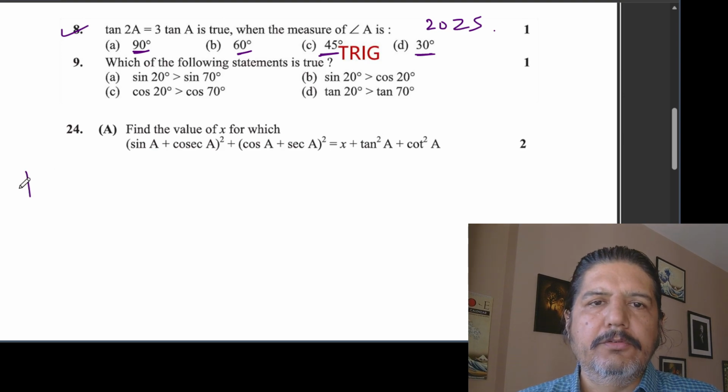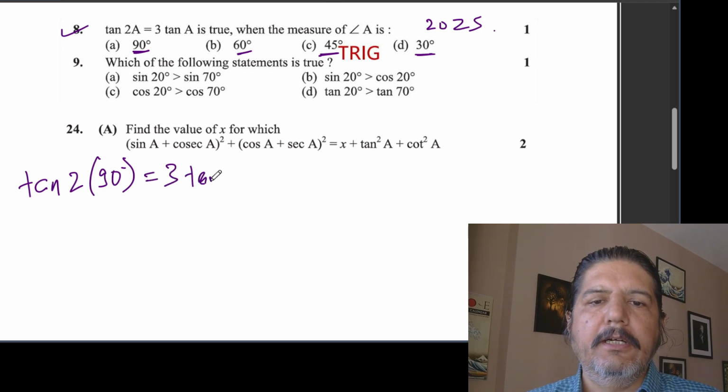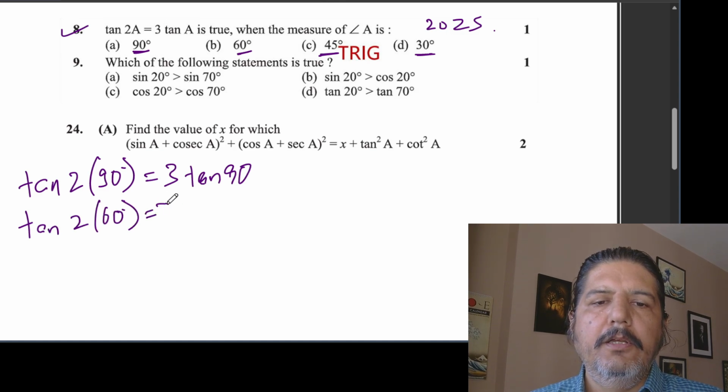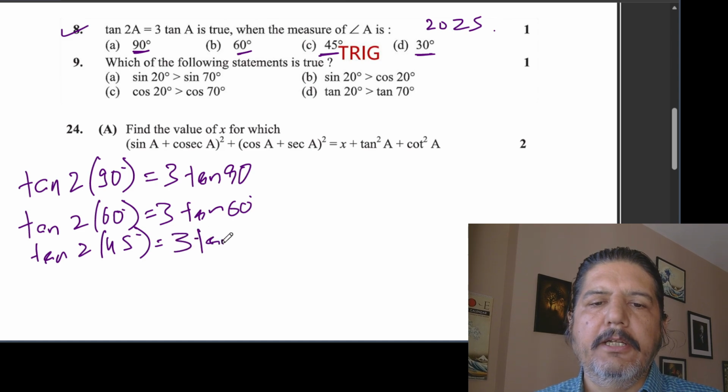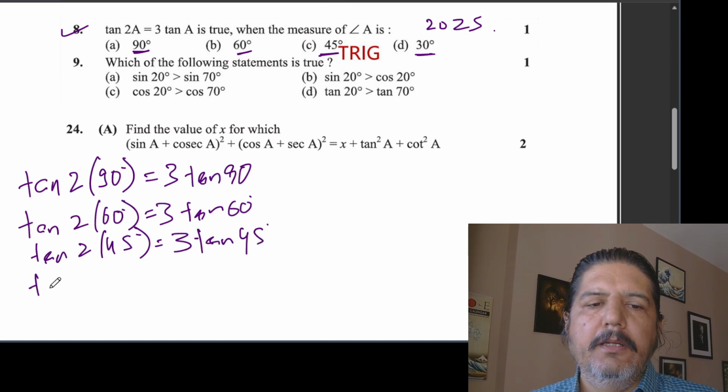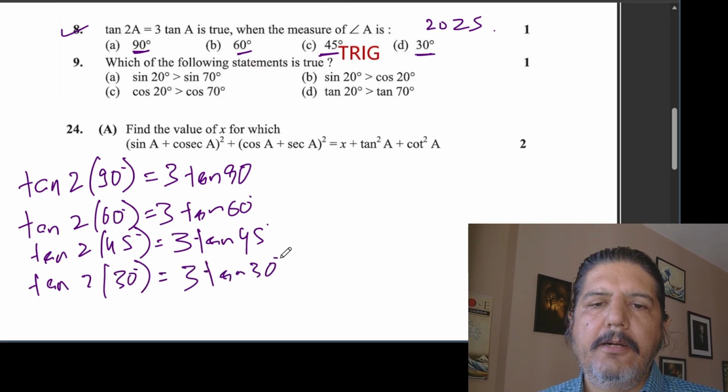So let us try this. tan 2A implies, twice of 90 degrees is equal to 3 tan 90; tan of twice 60 degrees is equal to 3 tan 60; tan of twice 45 degrees is equal to 3 tan 45 degrees; tan of twice 30 degrees is equal to 3 tan 30 degrees.